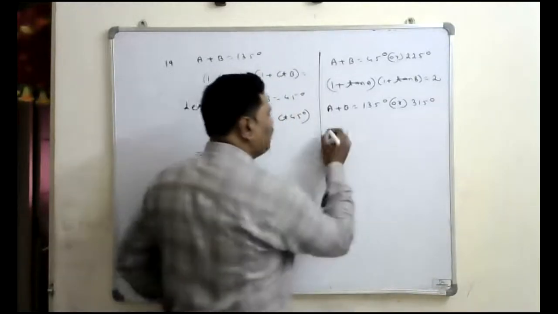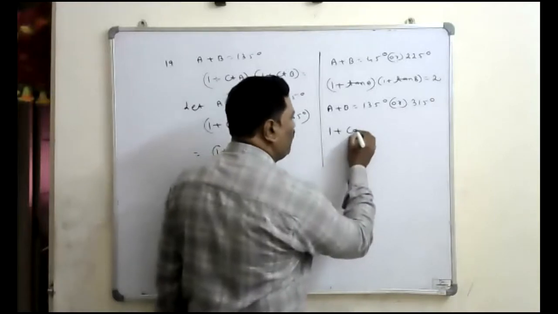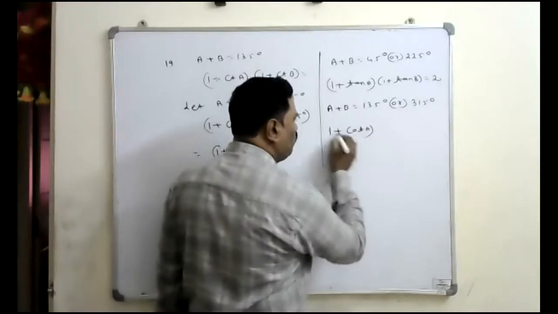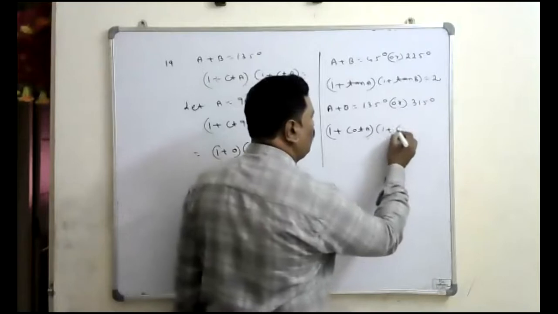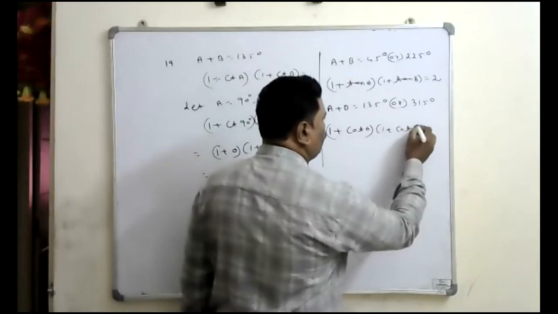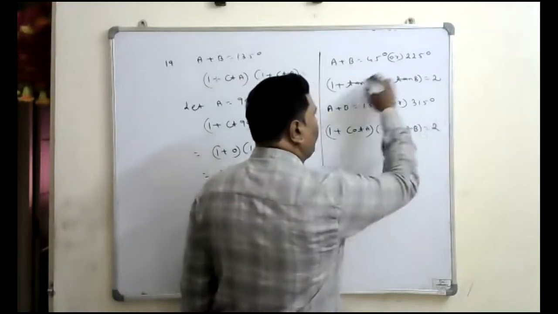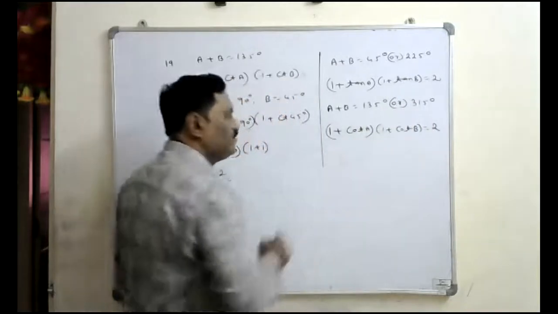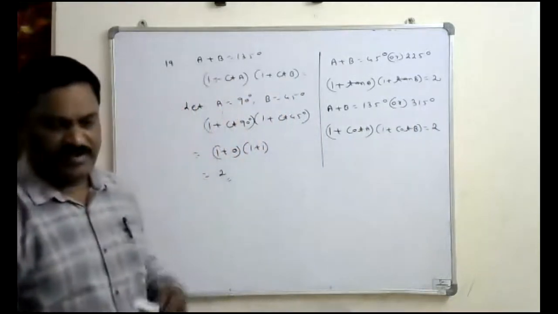Then the result in terms of cot is that 1 plus cot a into 1 plus cot b value is equal to 2. Whatever result we are getting in terms of tan, here we will get the result in terms of cot. So that is the result we have to remember.